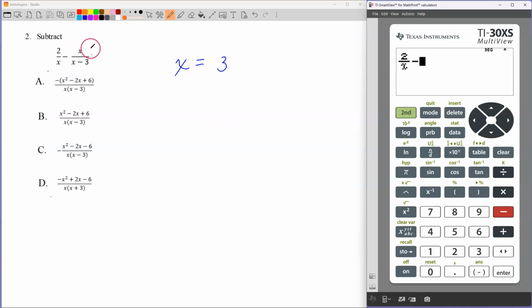And then now we're going to punch in another fraction, this one. So we'll hit our fraction button. On the top, I'll put x. Hit your x button. Go to the denominator, hit your down arrow, and punch in x minus 3 on the bottom.